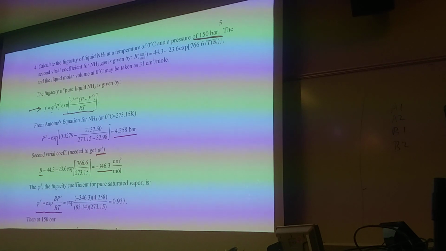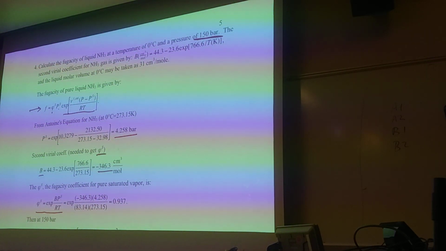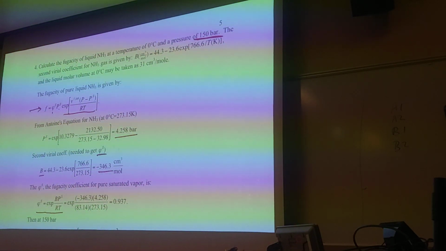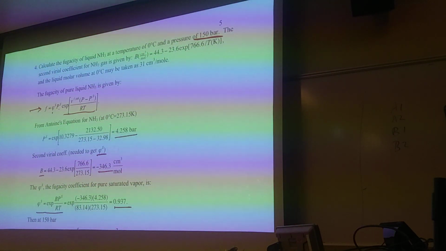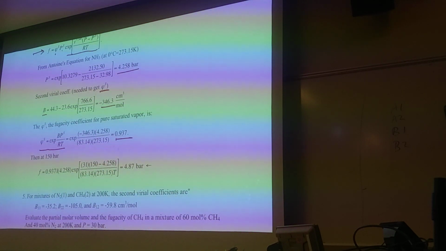So we have an expression for the fugacity of that pure gas. This is the saturation pressure, so that's why there's the S, exponential of the second virial coefficient times the vapor pressure over RT. And indeed, it works out to be pretty close to 1, 0.937. So then at 150 bar, we'll be interested in calculating this Poynting factor.